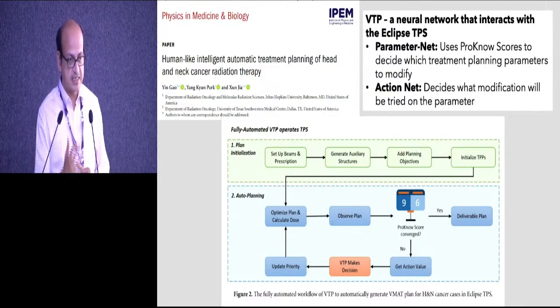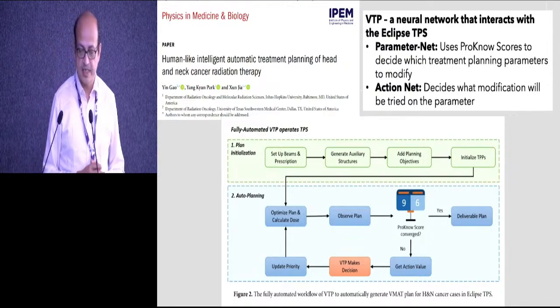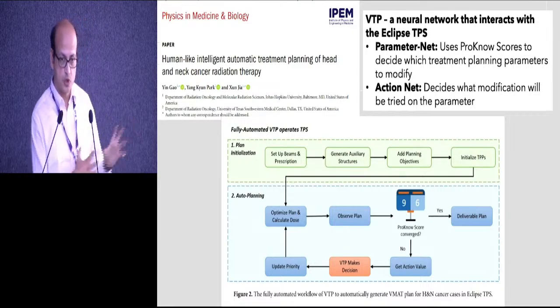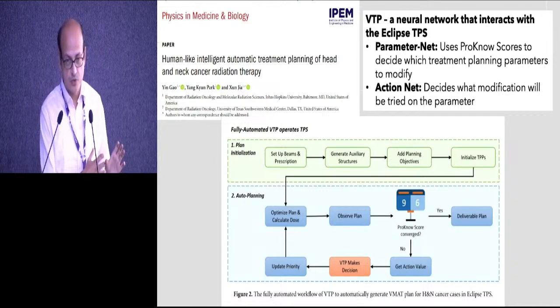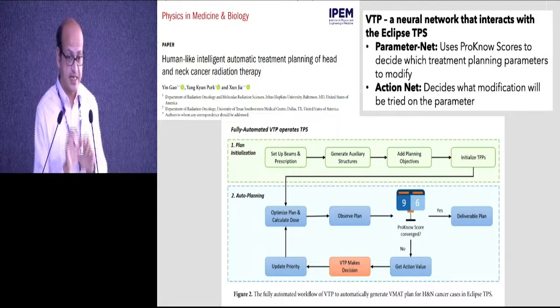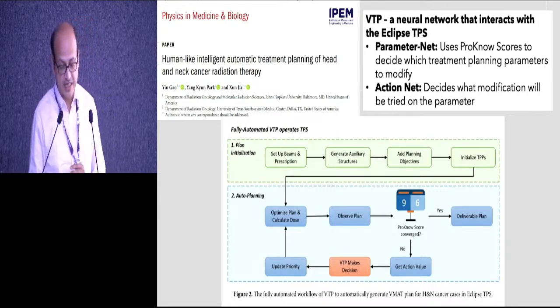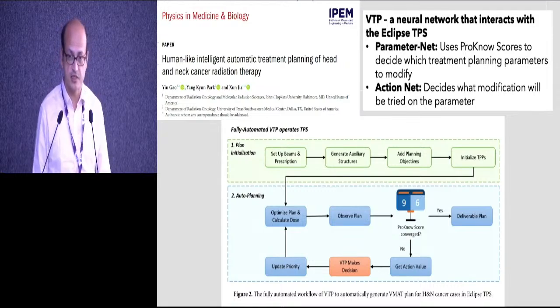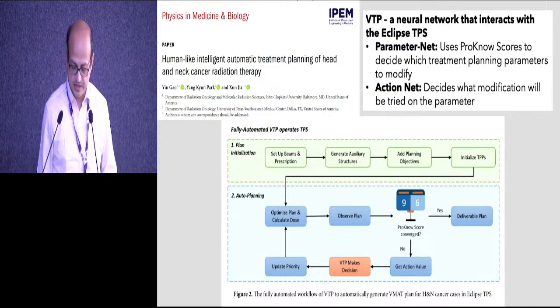So this is a recent paper from Johns Hopkins and I think UT Southwestern, where they sequenced two deep learning models, one known as the parameter net, which uses some planning scores to decide which parameters to change in the treatment planning, and a second model known as the action net to decide how much to change it. And by iterating it, it completely automated the treatment planning process.